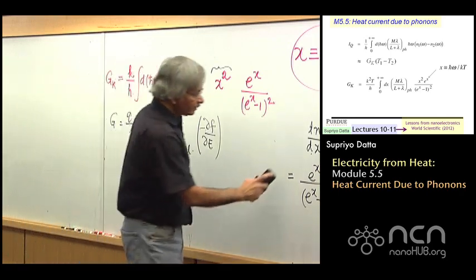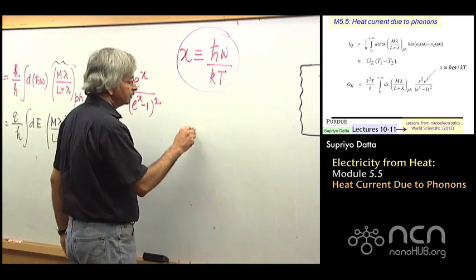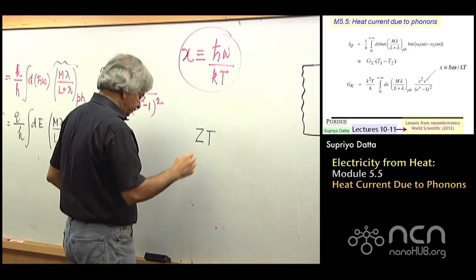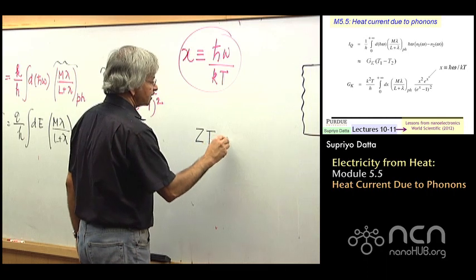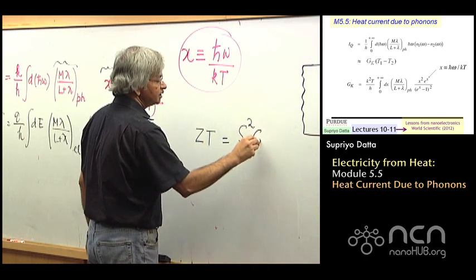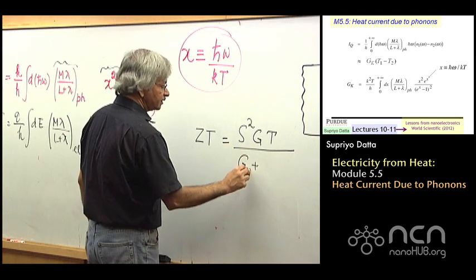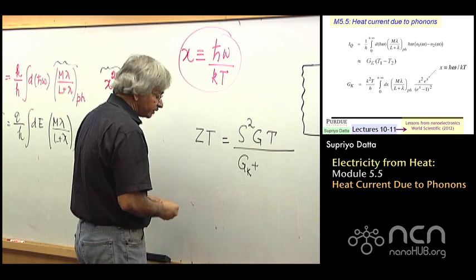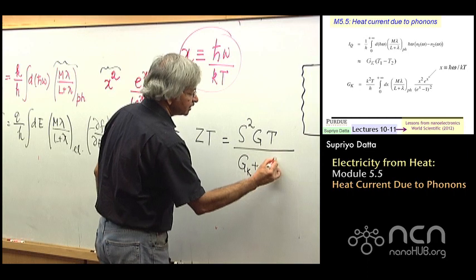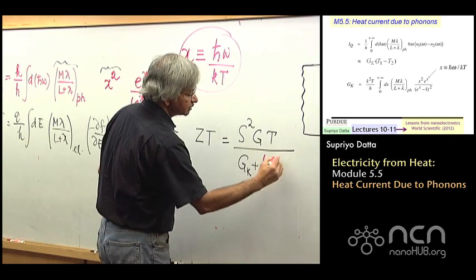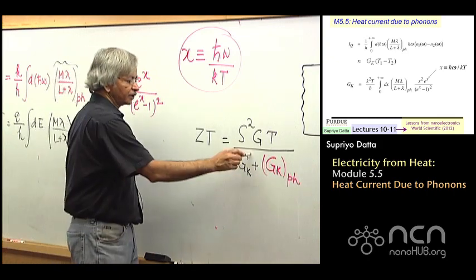In the last module I said that the important figure of merit that everyone worries about with thermoelectrics is the ZT product, which is given by S squared G T divided by G plus divided by GK. And that is where I made the point that the GK is not just due to electrons, but you also have to consider the GK due to phonons. And often it's the phonons that are important, so you could drop the electronic part.